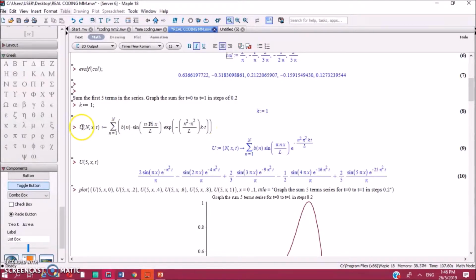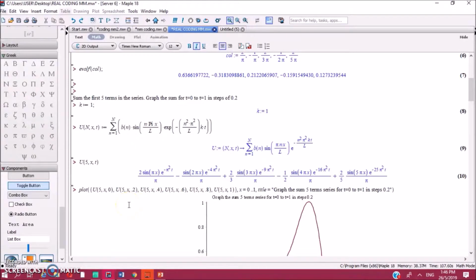The n here is just a number, we can put any number. Since the question asks for the first 5 terms, we need to change the n here to 5, x, t, and then we enter, we can get this. This is the first 5 term series.